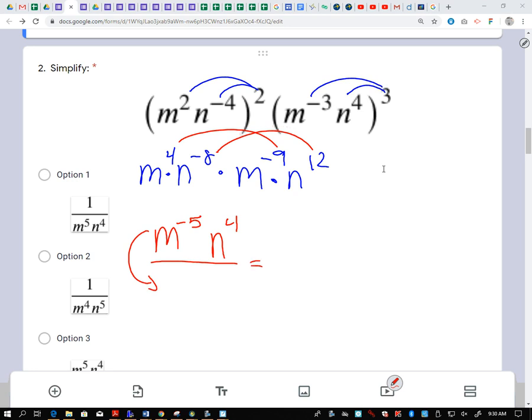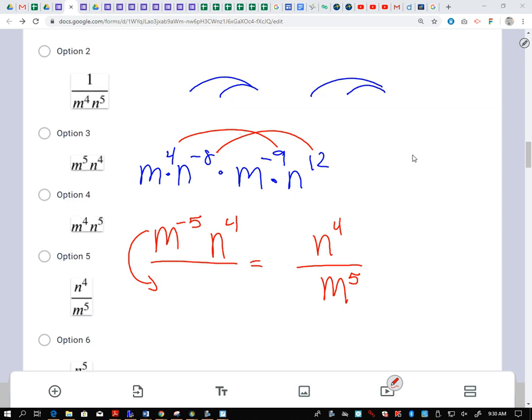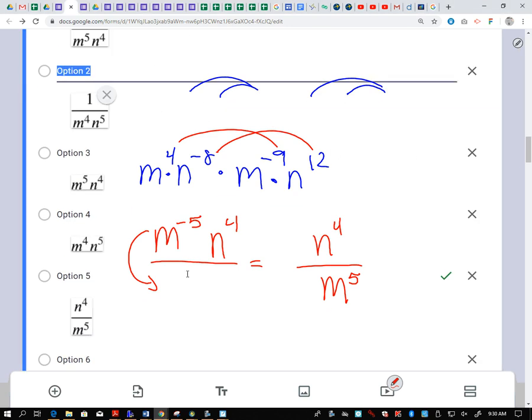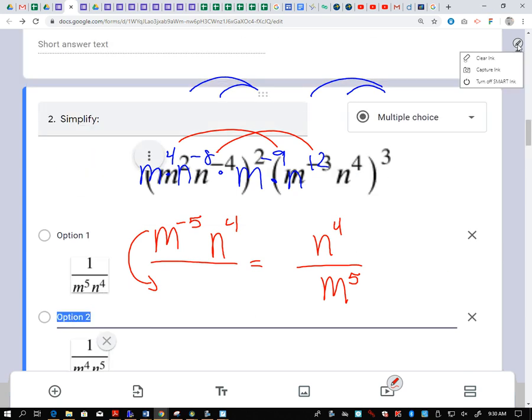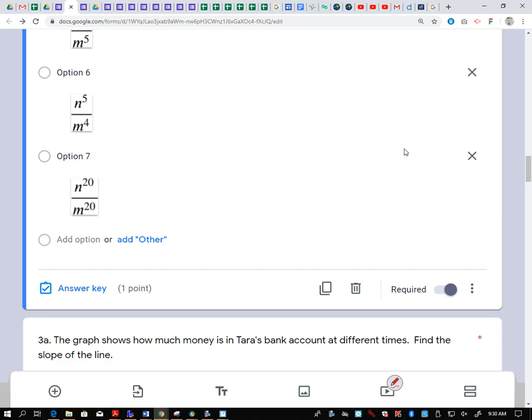So my answer, what happens to the n? Does it stay where it's at or does it go? Stay, so I get n to the fourth over what? M to the fifth. Okay? Do I see that as an option anywhere? Okay. N to the fourth over M to the fifth. And if we look, N to the fourth over M to the fifth is the answer. Are we seeing where we made mistakes at? Hopefully.